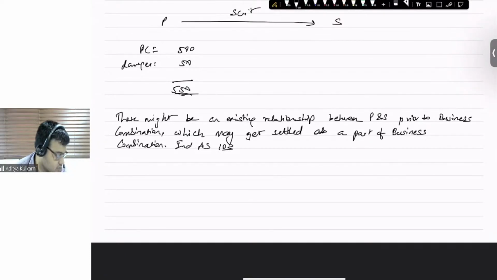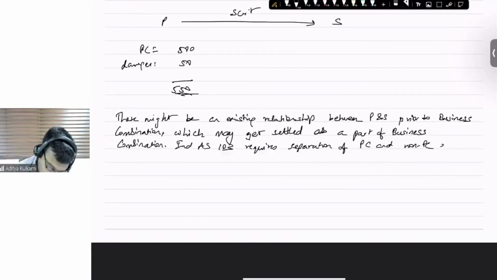Ind AS 103 requires separation of PC and non-PC elements.